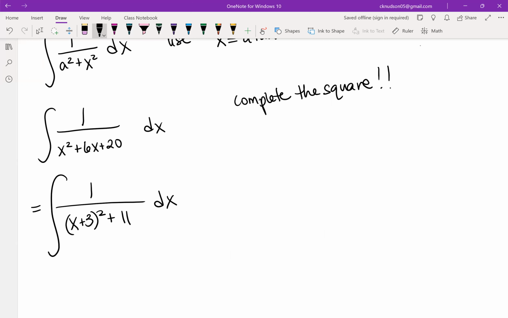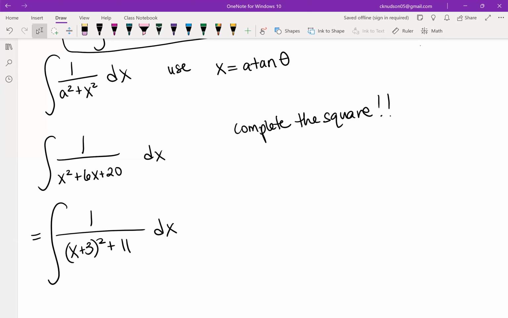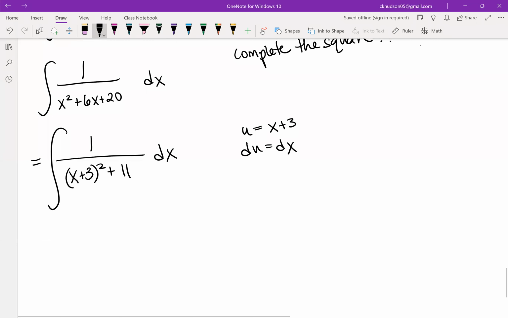And now we can see that we have the form of our variable squared plus a squared. And if it's not obvious enough, let's go ahead and do a u substitution with u equals x plus 3, and then du is equal to dx. And we can then rewrite this as 1 over u squared plus 11 du.